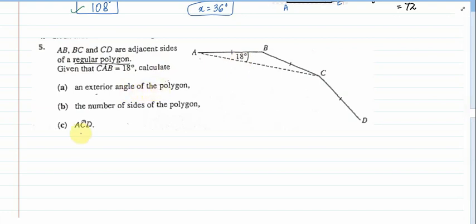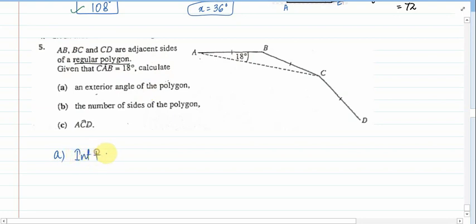We know that for the first part, interior plus exterior is equal to 180 degrees. If you have an interior angle of 18, not 18 exactly, because 18 is a part of the angle A. For the interior angle, you need to find that angle B. And how are you going to find that? If this is angle 18, so that will be angle 18 too, because these two sides are equal.